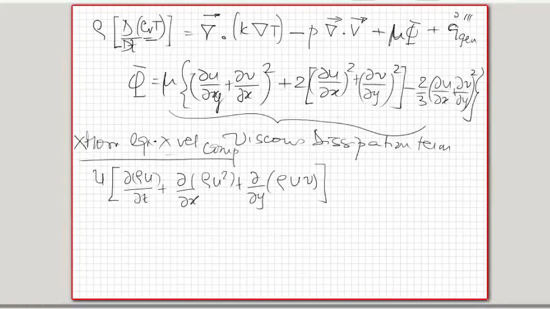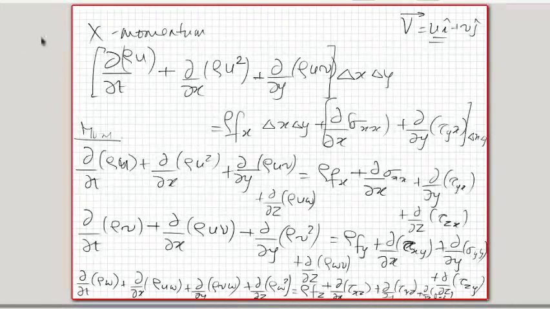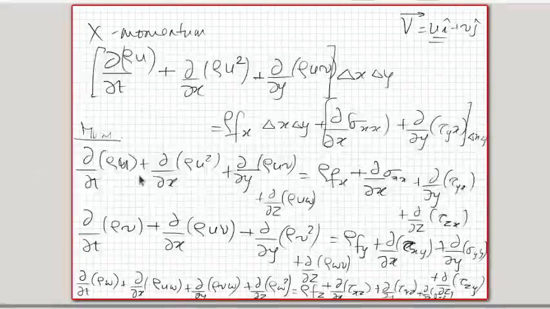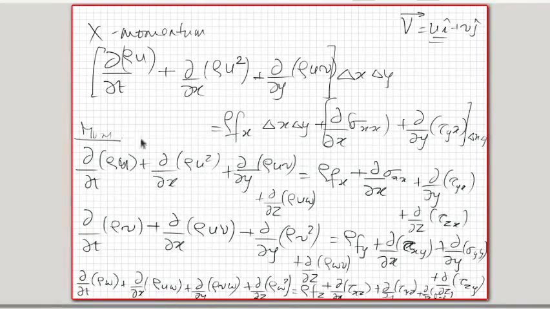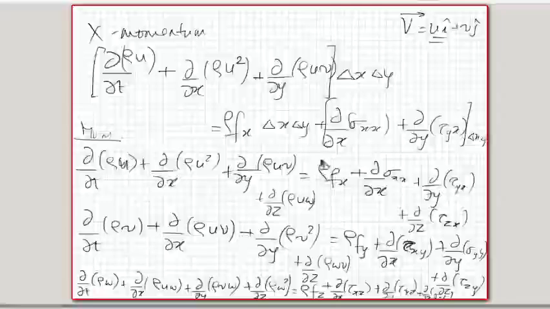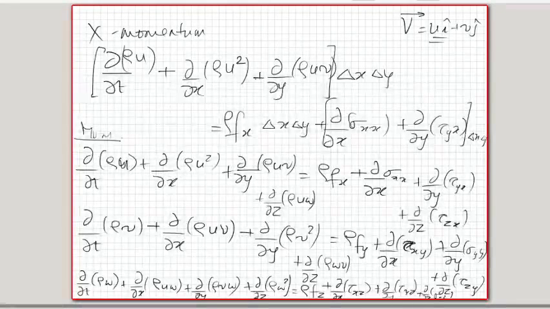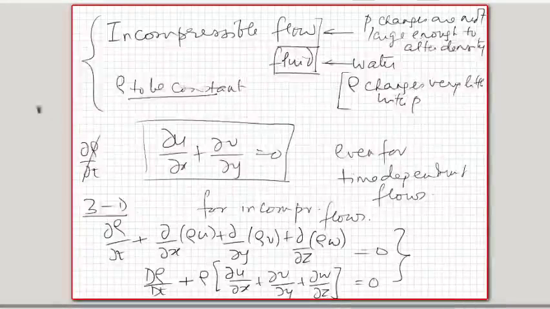What is the continuity equation? The continuity equation is going to come from here.